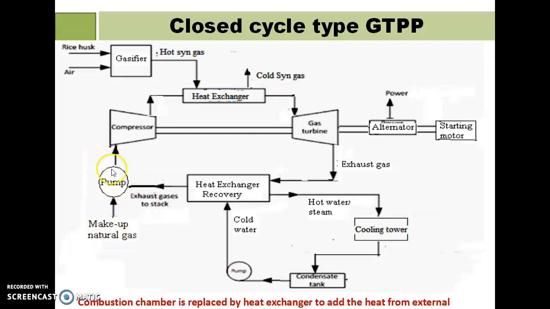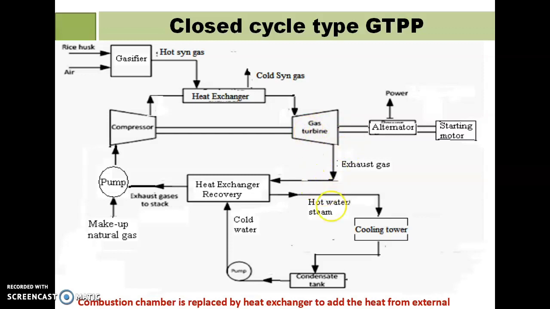It has the same working of all these equipment: the compressor will take the air, then pressurized air is produced in the compressor, then this pressurized air is given to the heat exchanger, where the heat exchanger works as a combustion chamber. Then the hot gases which are produced from the gasifier are given to the heat exchanger. Then this produces some hot gases, which are given to the gas turbine, and the rest of the working is the same as open cycle.